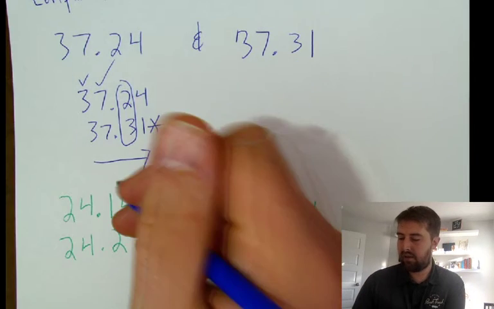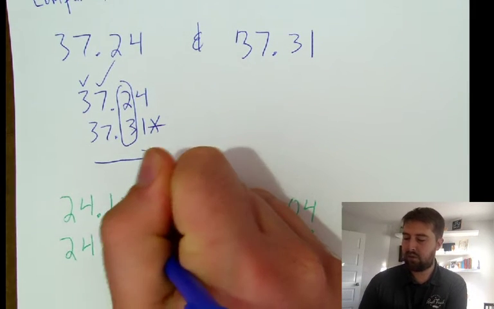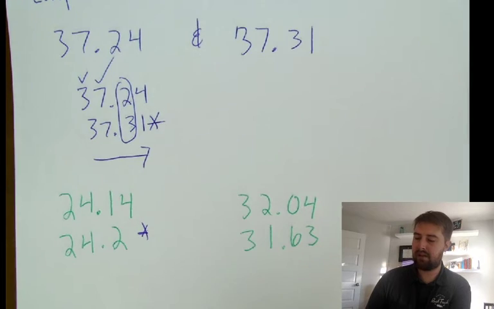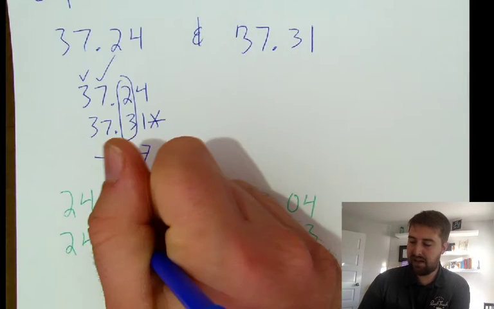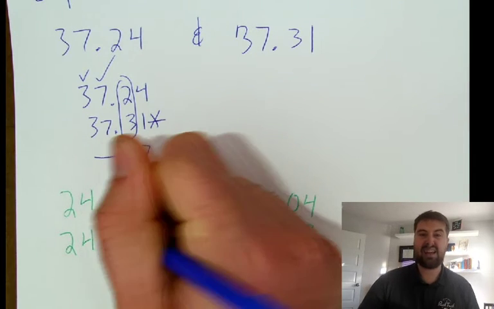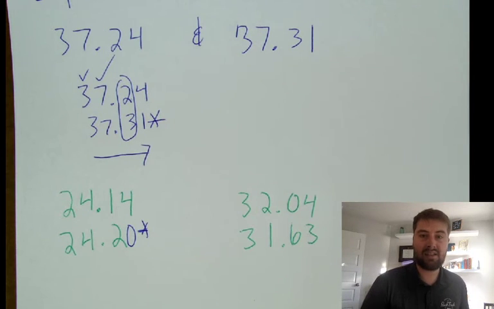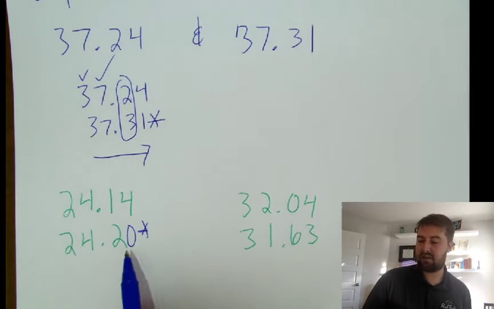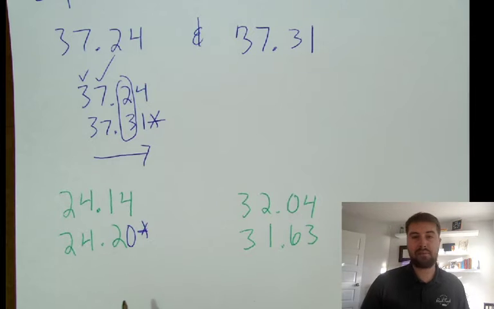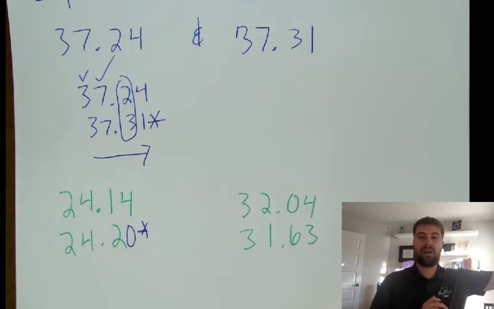Okay, so I know in this first one, 24 and 2/10 is bigger. If we want to make it easier and make sure they have the same number of digits, put a 0 after the 2. That does not change the value. Remember, any zeros on the right side of the number after the decimal place don't change the value.